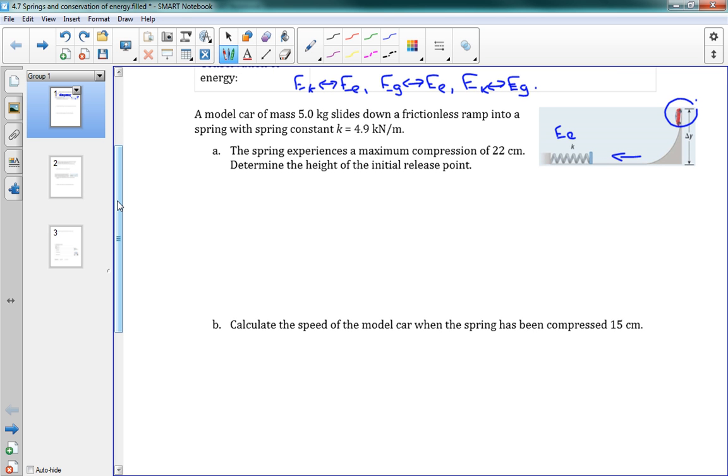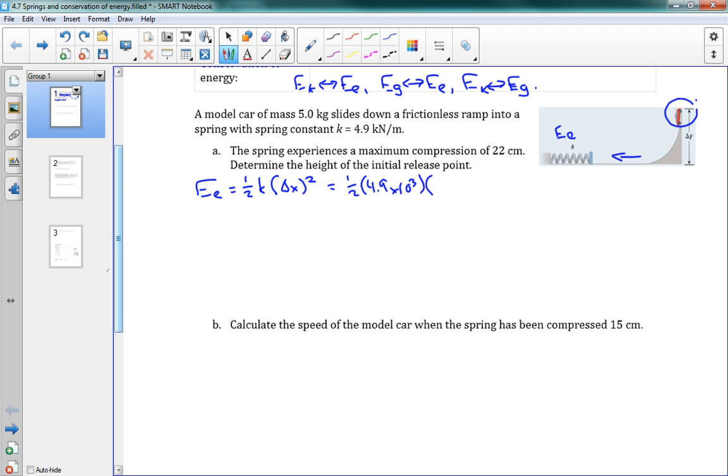We've got our spring, and we're told that the spring goes to a maximum of 22 centimeters. So we can use our equation E, our elastic energy, is equal to 1/2 k delta x squared. And we have k, which is 4.9 kilonewtons, so times 10 to the 3.